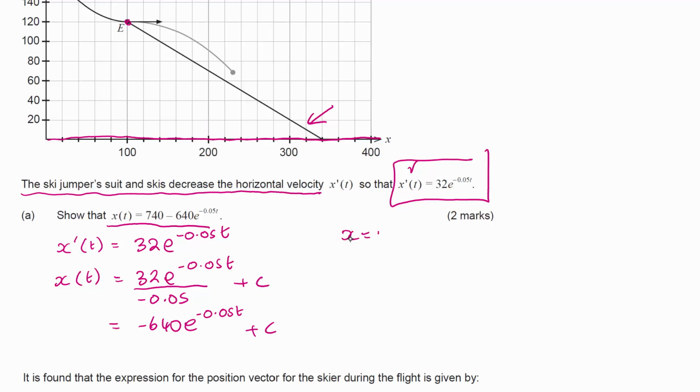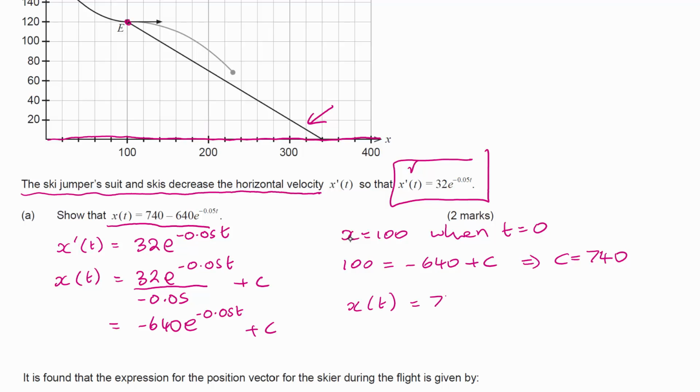We know that x is equal to 100 when t equals 0. So 100 is equal to negative 640 plus c, and that obviously means that c is equal to 740. Therefore, x of t is 740 minus 640e to the negative 0.05t, as required.